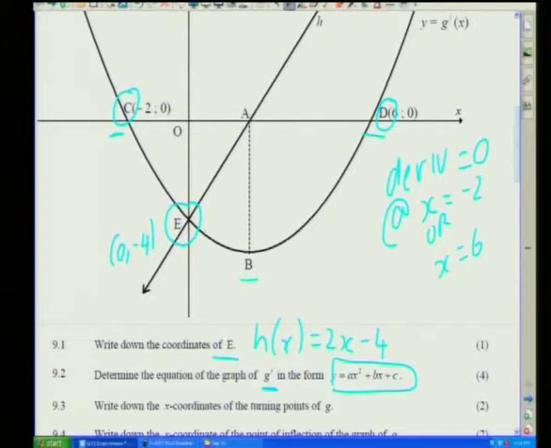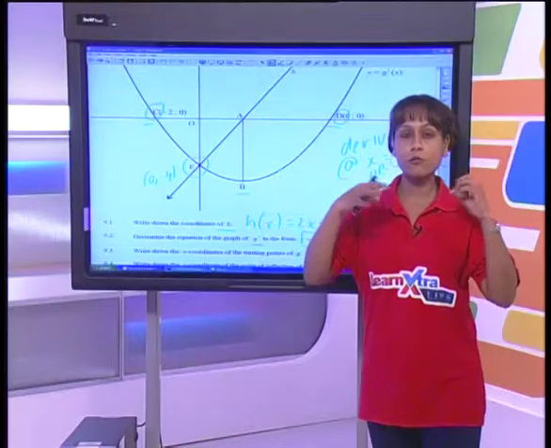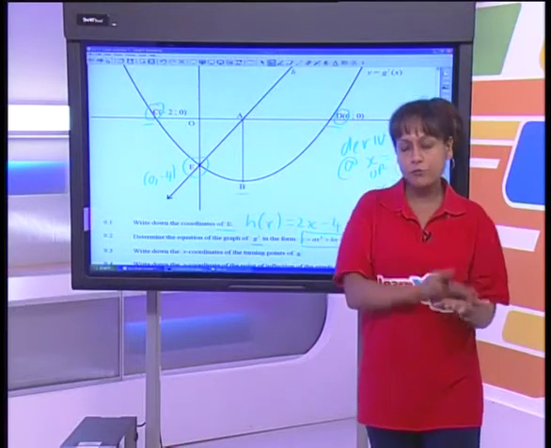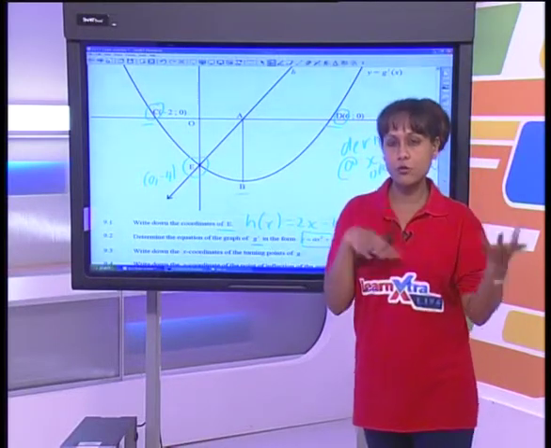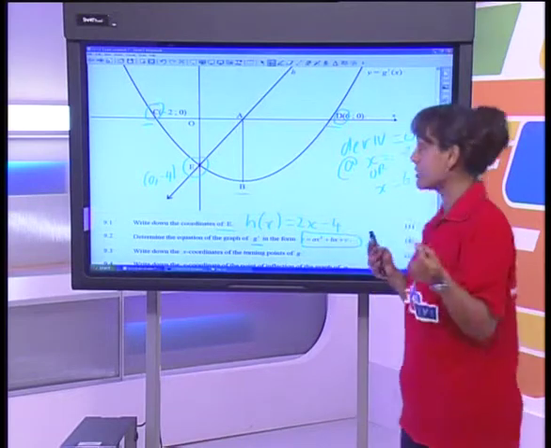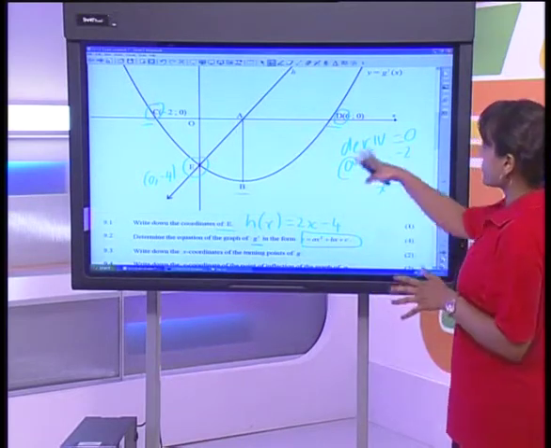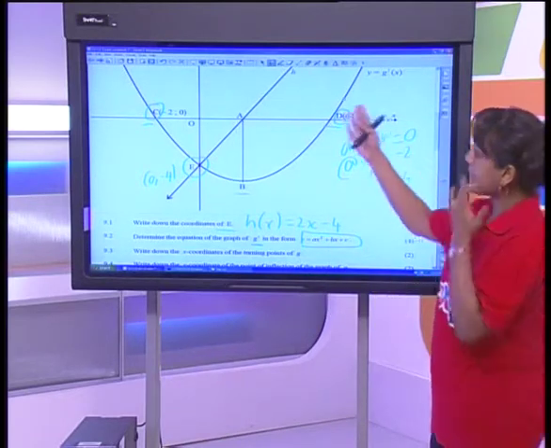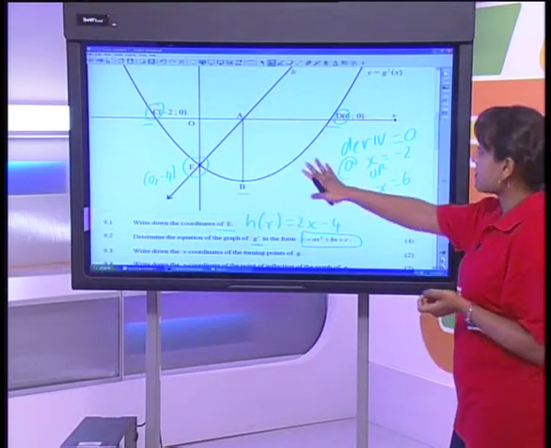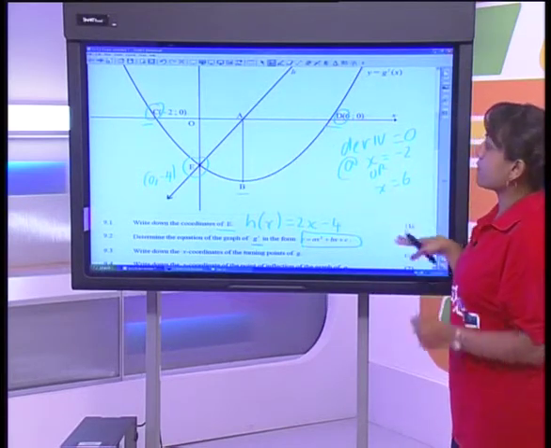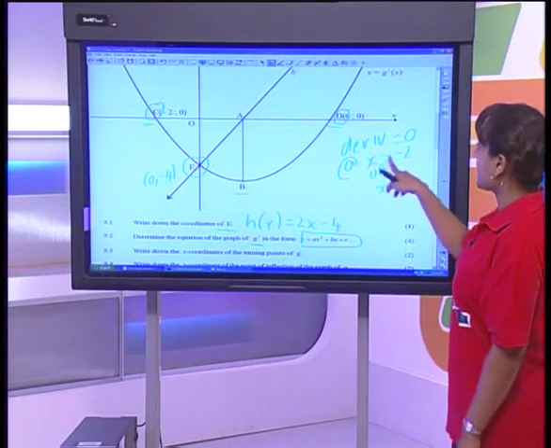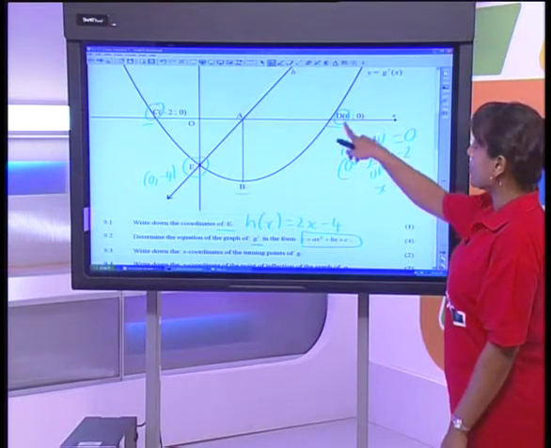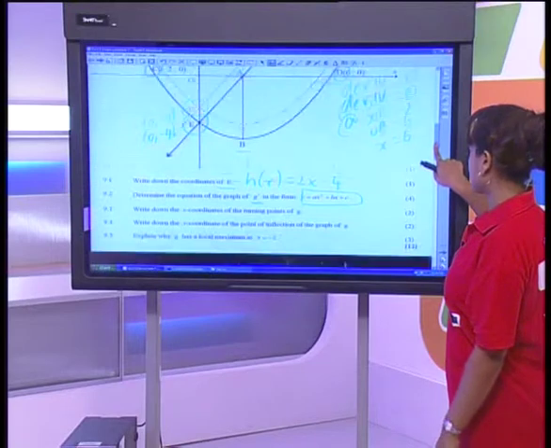Okay, so the derivative, because remember this is the graph of the derivative. So we're looking for where the derivative of the original graph is equal to 0, because where the derivative is 0, that gives us our turning points. So therefore, the derivative is equal to 0 at the x-intercepts. So that means that the original graph will have turning points at x is equal to -2 or at x is equal to 6.